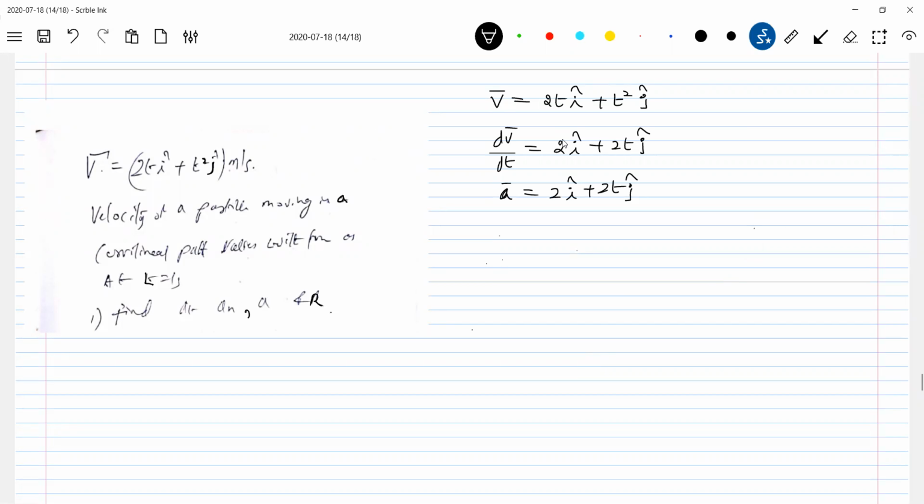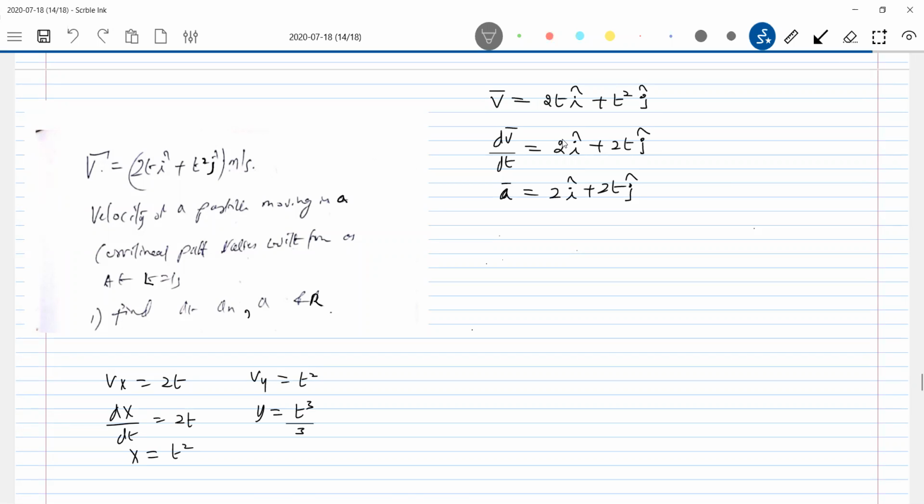At t equals 0, the particle will be at rest, and let it be at the origin. Then the x component of velocity is 2t, so dx by dt is equal to 2t, which gives x equal to t square. Similarly, vy is equal to t square, so dy by dt is t square and y should be equal to t cube by 3. Put t equal to 0, 0.1, 0.2, then locate x and y, and you'll get some resultant path.